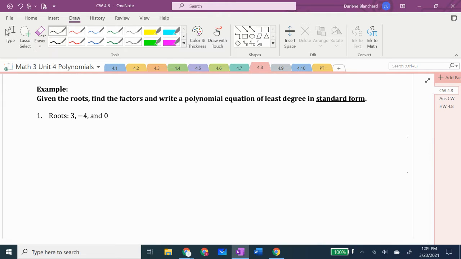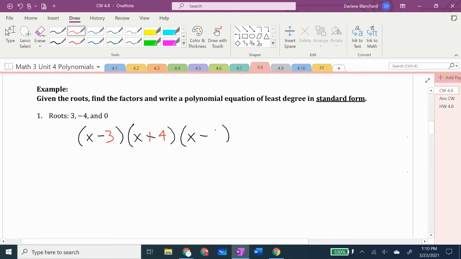If you have the real root 3, one of the factors is x minus that 3. If a root is negative 4, then one of the factors is x minus that negative 4. If 0 is one of the factors, then x minus 0 is another one of the factors.